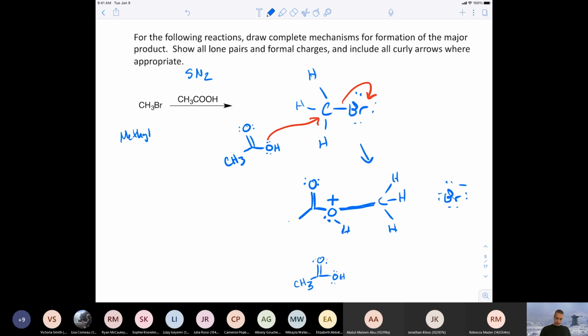But something's got to be a base here. So let's use it. And the oxygen we're going to use as the base is the one that already doesn't have a hydrogen. We're going to use the top oxygen. It's just an acid base step.